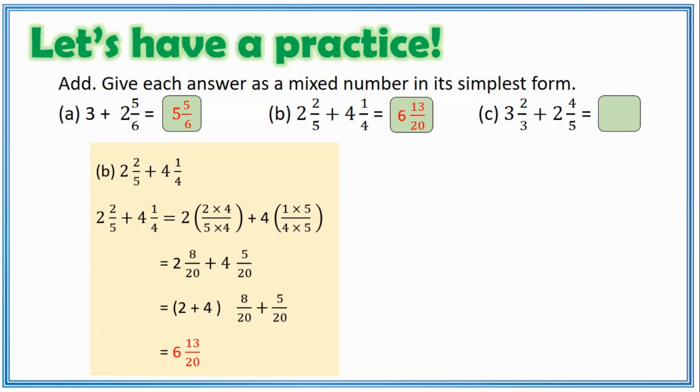Very good. And for the last one, letter C, 3 and 2 out of 3 plus 2 and 4 out of 5 is equal to blank. So let's find out.